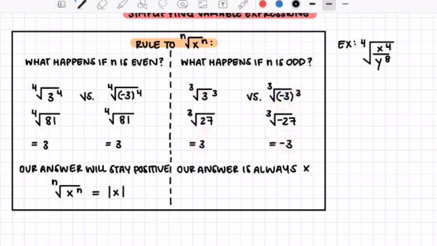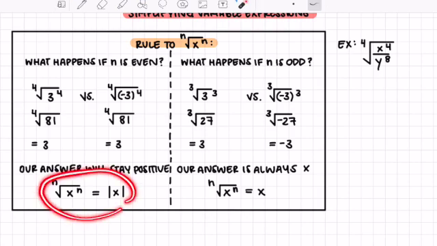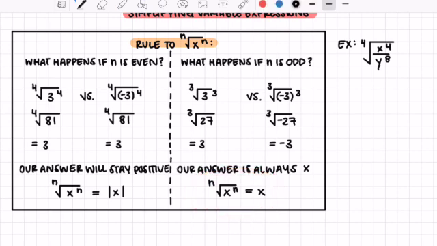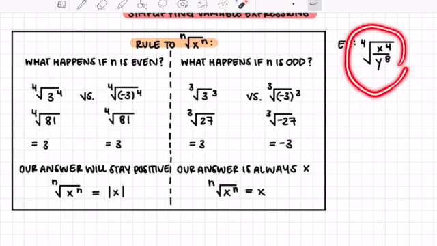So when our n is odd, then we just get x as our answer. So the absolute value only happens when n is even. This one only happens when n is odd. So if that helps you out, then let's try out this example here.